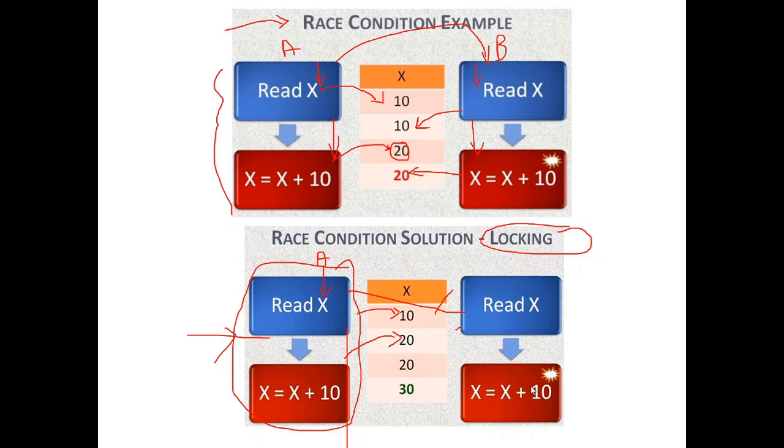Process B reads the value of x, that is 20. After incrementing, it becomes 30. So now it is giving the correct result.